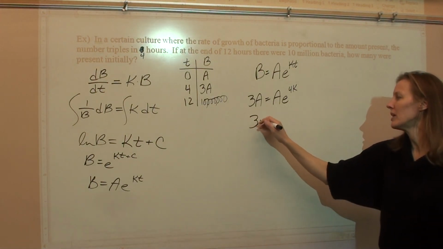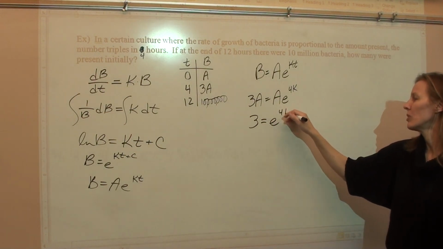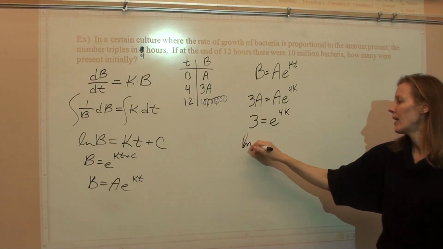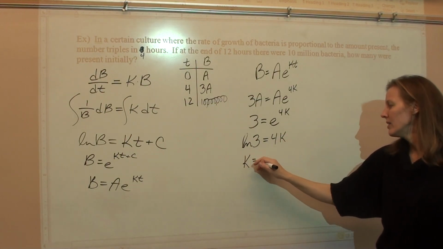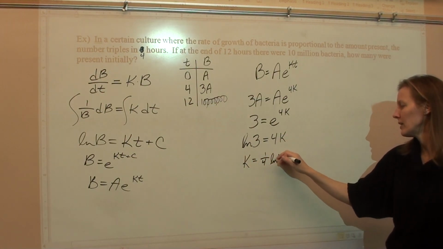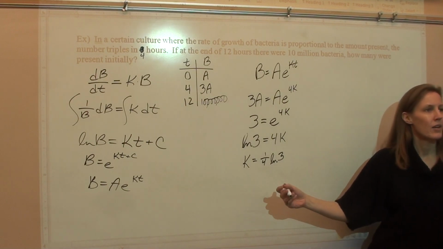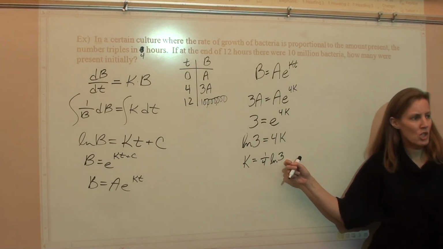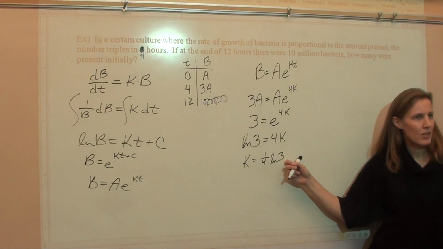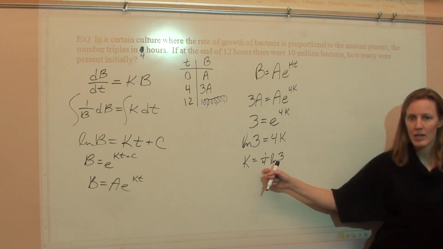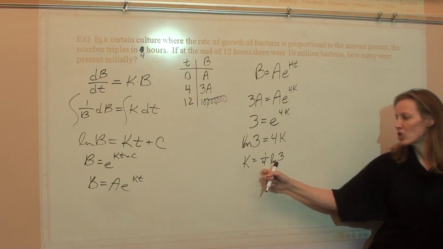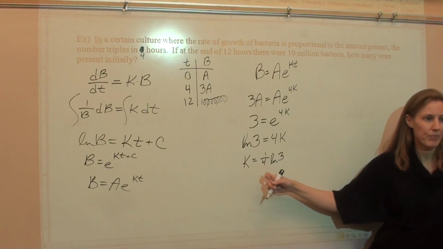So we have 3 equals e to the 4k. ln 3 is 4k. So k is 1/4 ln 3. And again, remember, this is the proportion of the amount present, the amount that remains divided by how long it takes to get that amount. We have 3 times as much in 4 hours.